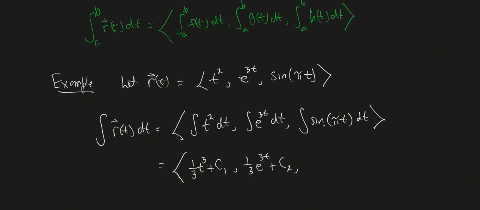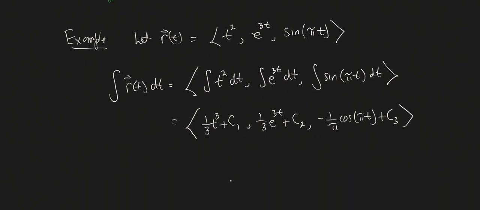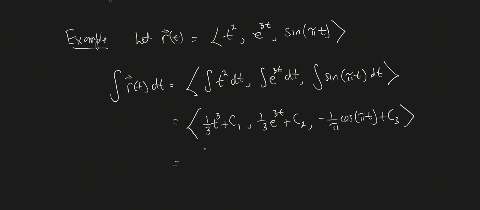And then the third component will be negative 1/pi cosine of pi t plus c3, again, its own constant. And if you're using this notation, you really want to indicate that these are different constants. But that's fine.